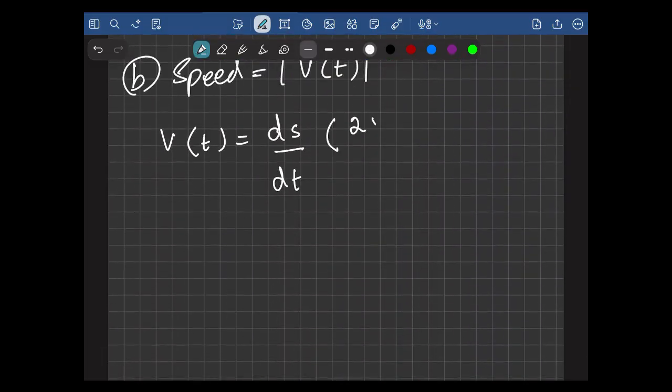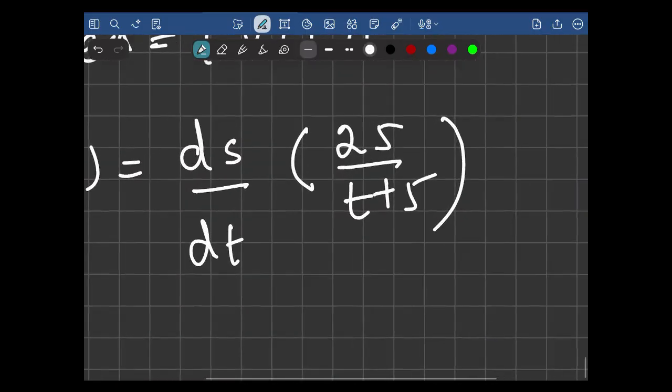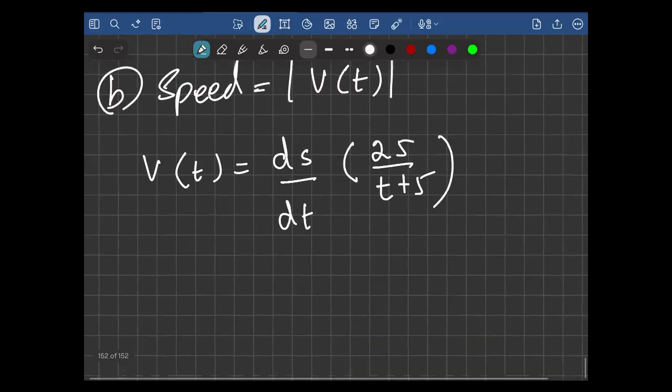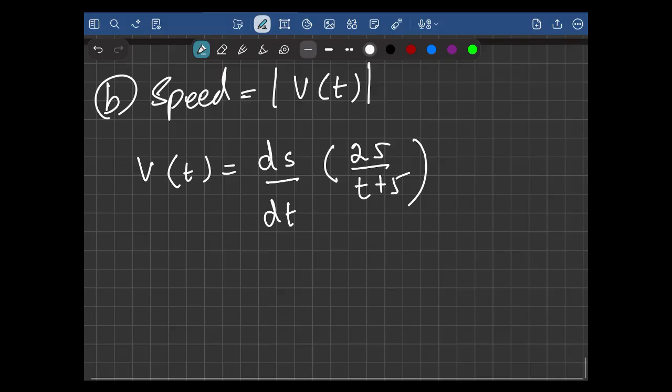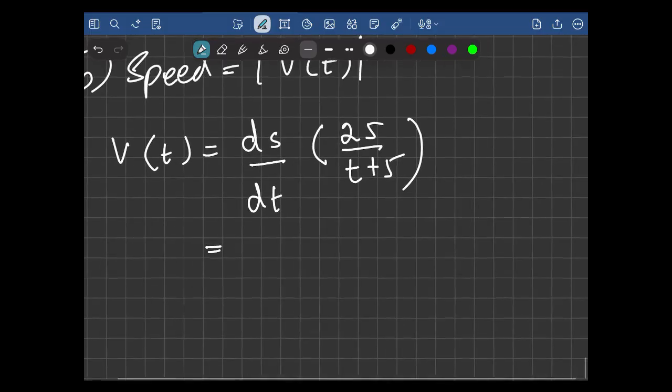Okay, 25 over t plus 5. We're going to find this rate of change here. This is a fraction, and as we haven't gone through the main concept, we can use the quotient rule here. And how can we do that?